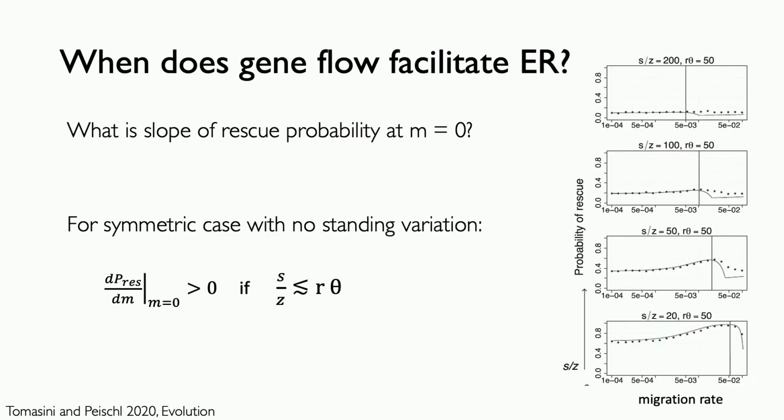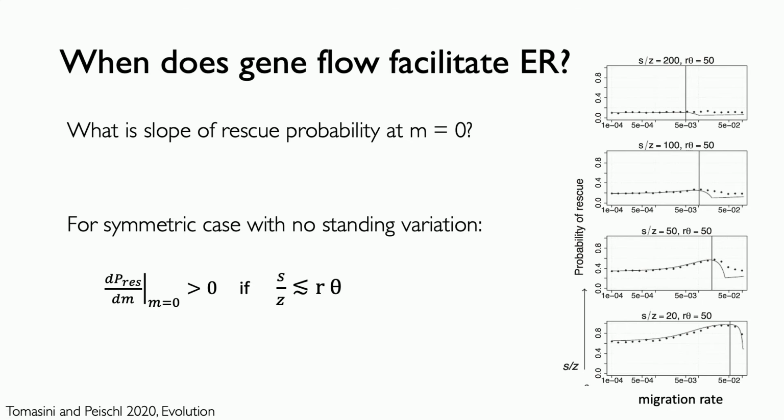So what we can then do is ask again, when is some migration beneficial relative to no migration? We just take the derivative of this theoretical formula with respect to the migration rate, evaluate it at m equals 0, and ask when it's larger than 0. If we ignore standing variation, so any mutations that are present at the beginning, then we find this simple condition. S is the cost of the rescue mutation, Z is the advantage of the rescue mutation.